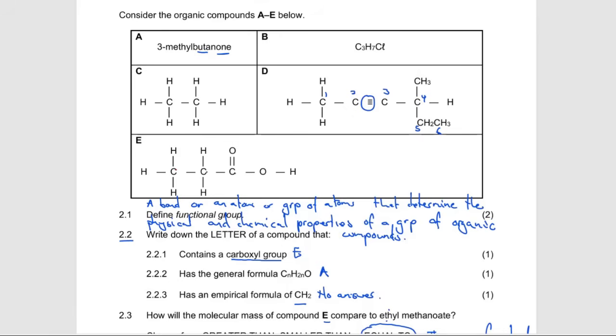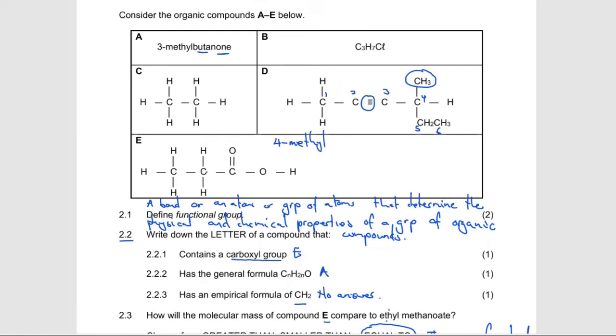So this is how we're supposed to number. Remember, if I number from this one, 1, 2, 3, 4, 5, it means the functional group is going to be very far, right? So if I look at the chain there, the triple bond is going to be on carbon number 2, right? On carbon number 4, we have a substituent or a side chain. So I'm going to start with that one. I'm going to say this is 4-methyl. If we're having a 4-methyl, then the longest chain is 6 carbons.